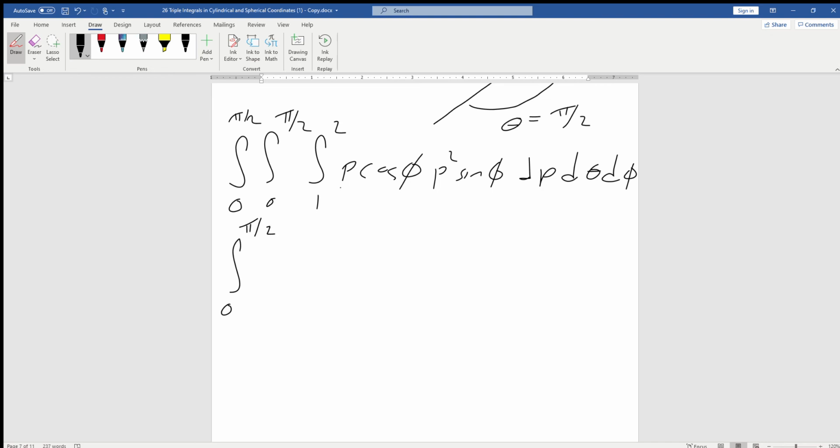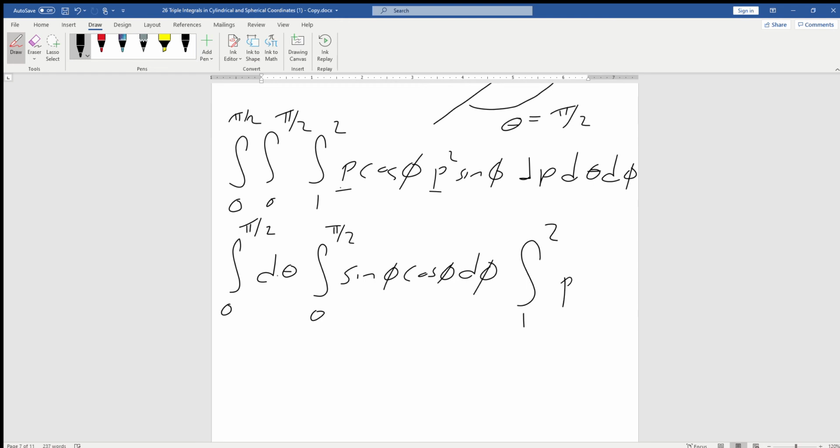Theta is completely independent of anything, so I'm just going to have d theta. Then we're going to have 0 to pi halves of sine phi cos phi d phi. And then finally we have a rho and a rho squared, which is rho cubed. So 1 to 2 of rho cubed d rho.